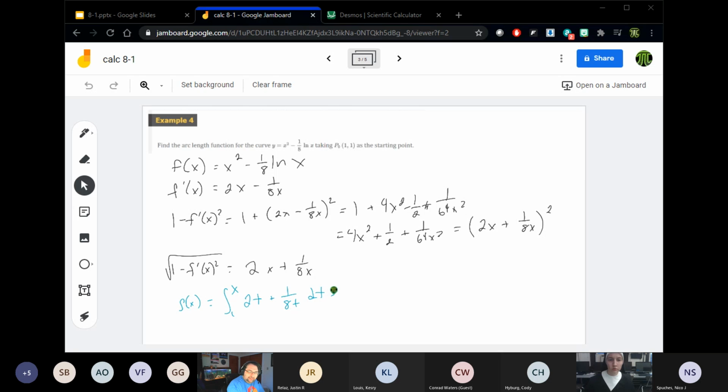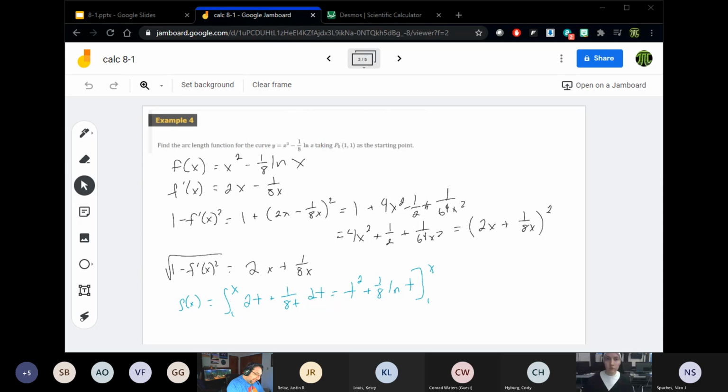So we do our integral, and we get t squared plus 1/8 ln of t, and we're evaluating that from 1 to x. So if we plug 1 into that, we get just 1.